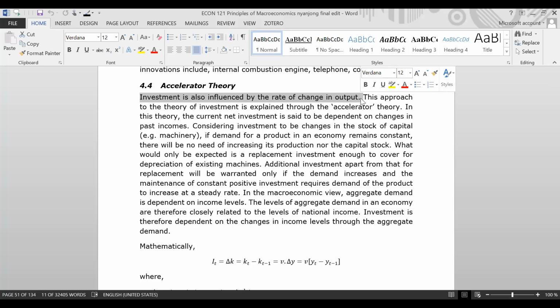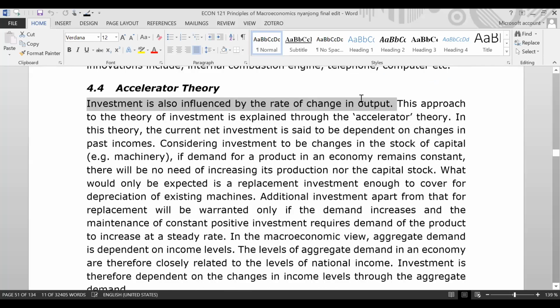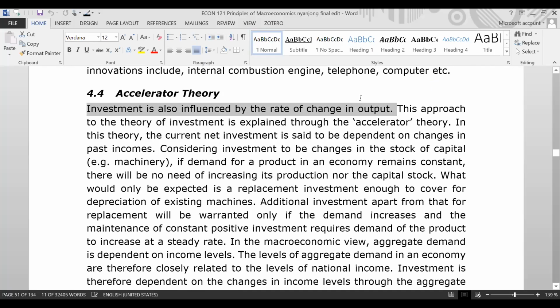And that's basically what explains this accelerator. We are not talking about really the output level as it is, but we are talking about it being influenced by the extent to which output is changing, the rate at which output is changing, right?